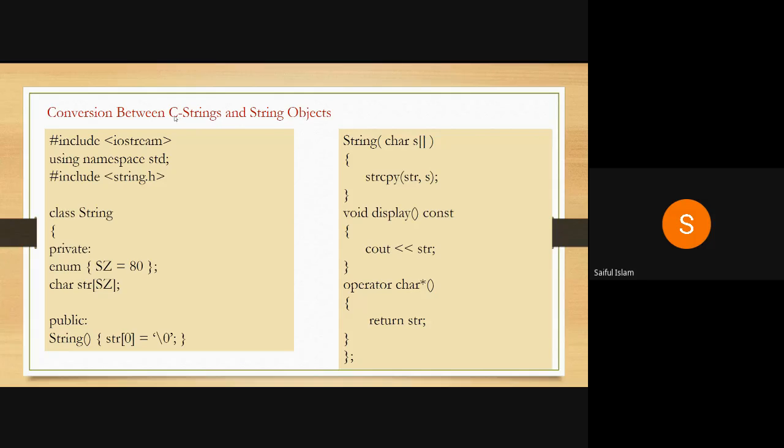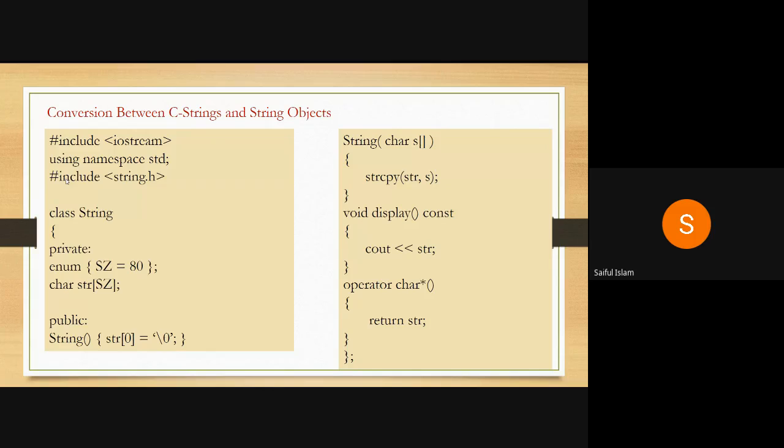Now the question is, what is a C string? It's a string in the C programming language. So when we say a string in the C programming language, we're talking about the C style string. When I talk about a string object, it means I am defining a class. So here it's something different from there.